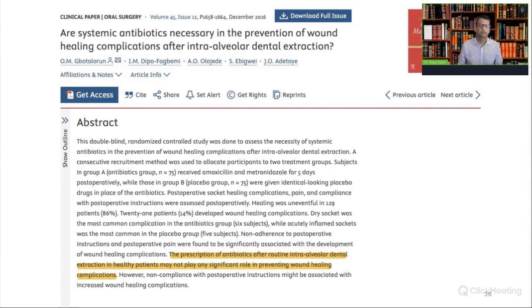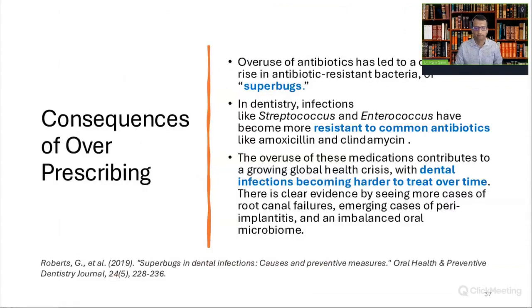So there is absolutely no need to prescribe antibiotics if the patient is healthy and fit after a routine dental extraction. And as we know, dental extraction is the most commonly done clinical procedure in dentistry.